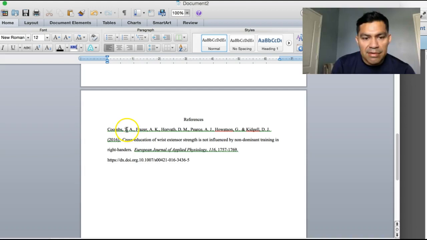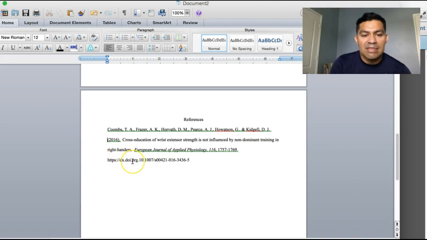I'm going to put each author, and I put their last name, comma, space, first initial, period, space, second initial, period, comma, space, last name, and then I keep following that. And then I put the title of the article, the title of the journal italicized, volume number, pages. I won't require you to do this, but for all of my articles, I had to put the web address for each article.